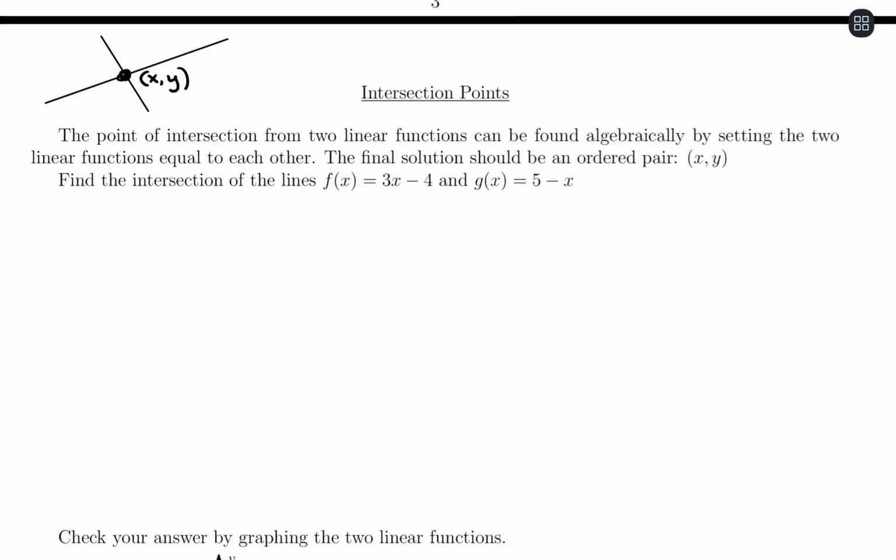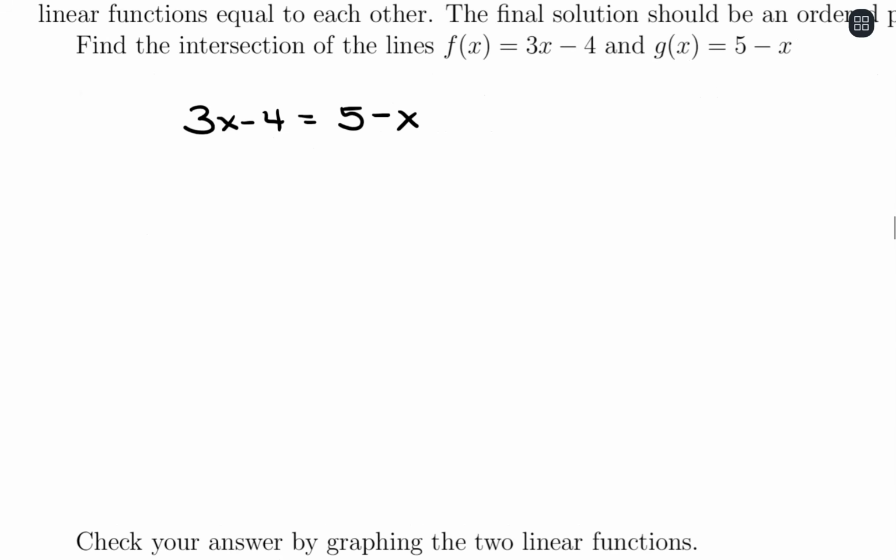So find the intersection of the lines f of x equals 3x minus 4 and g of x equals 5 minus x. So what I'm going to do is take that 3x minus 4 and set that equal to the 5 minus x, and then it becomes an equation for solving for x. So I'm going to add x to both sides.